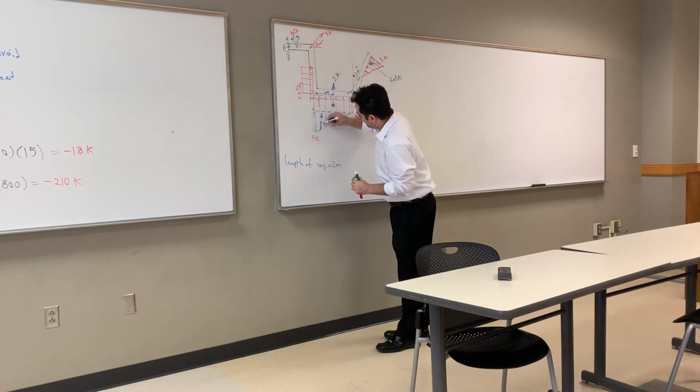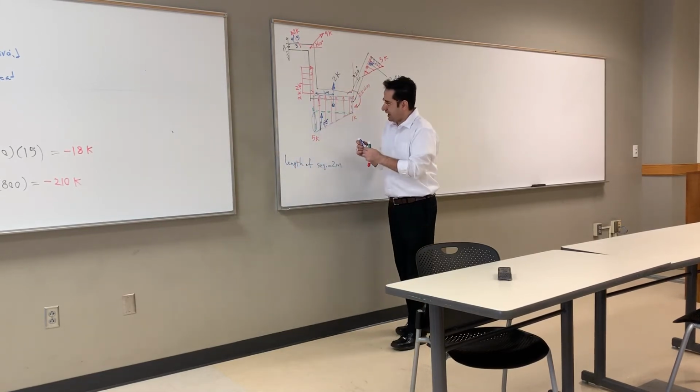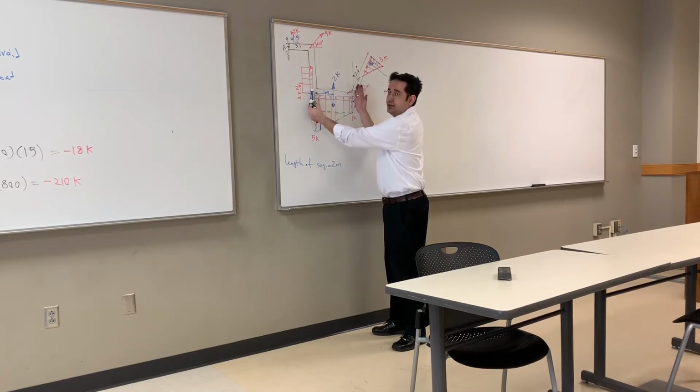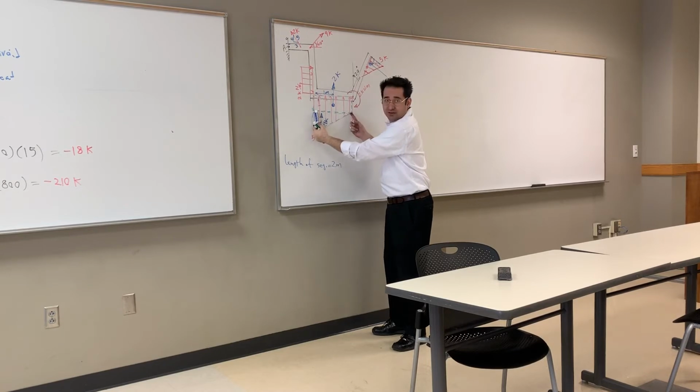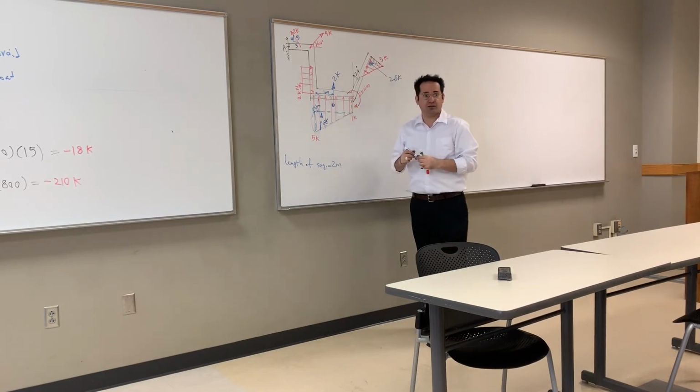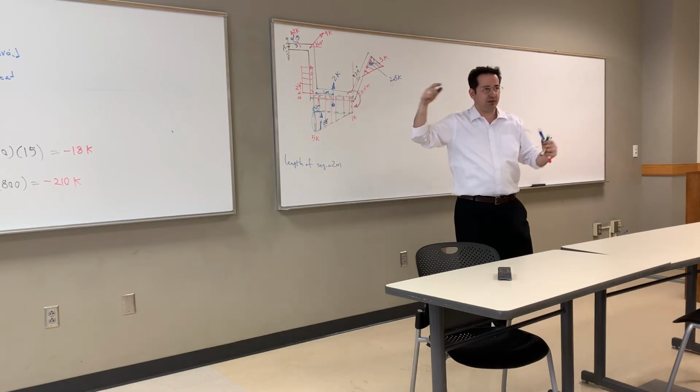So I have a 4K that acts at this distance. What is this distance? 1/3 of 2, the height. You see the height of the triangle is from here to here. So in fact, this distance is 2/3 from here. 1/3 of 2. 2/3. Right?